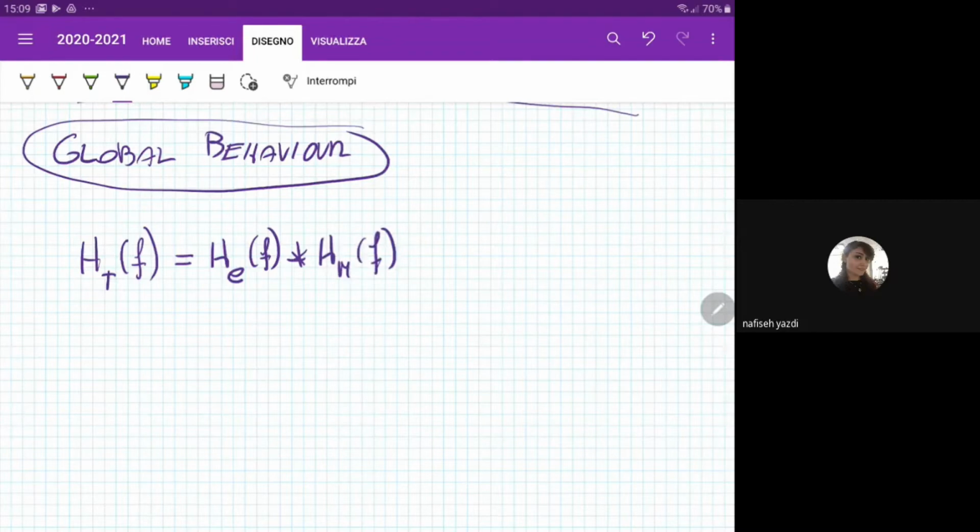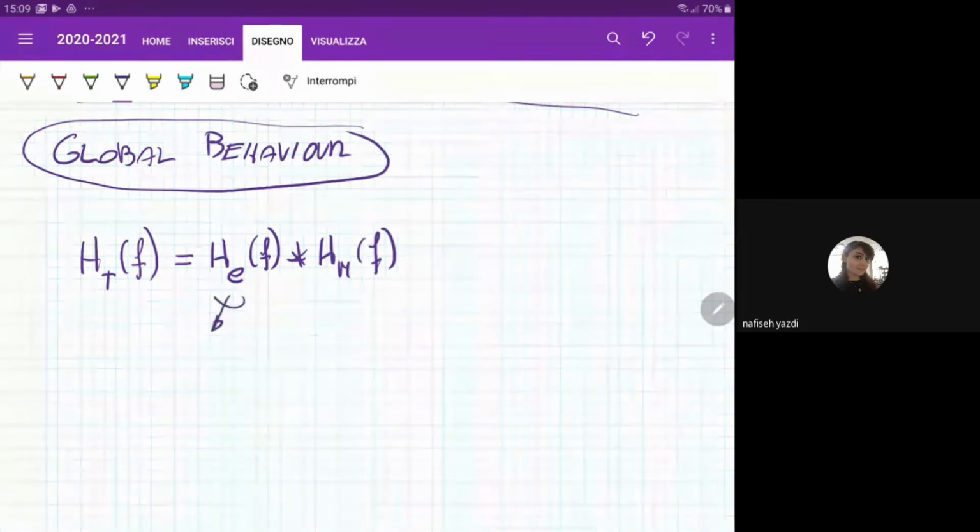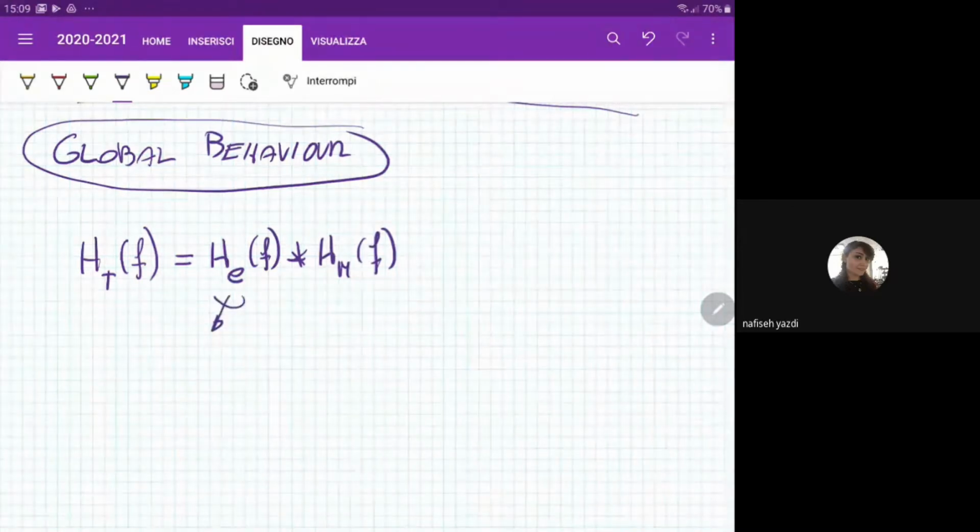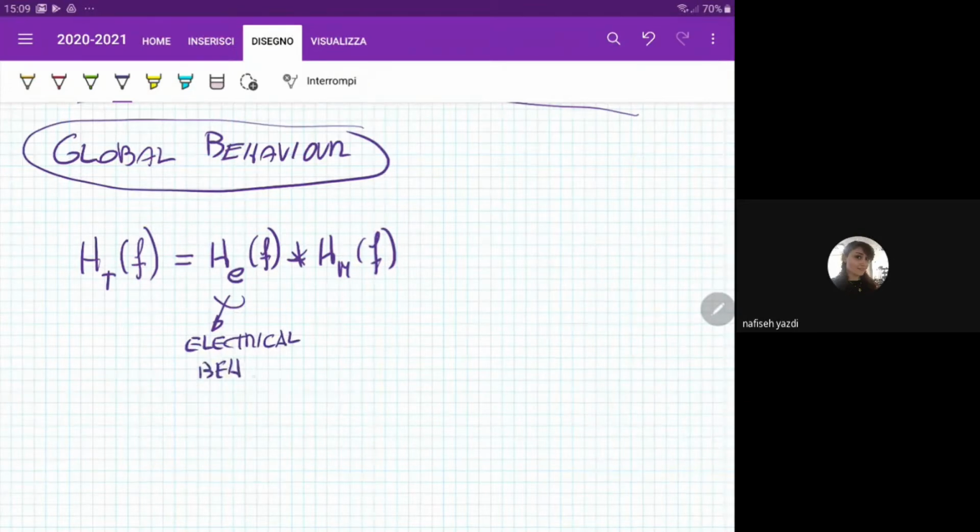The first contribution, H_E, is the electrical behavior of your accelerometer, whereas the other contribution is the mechanical behavior.